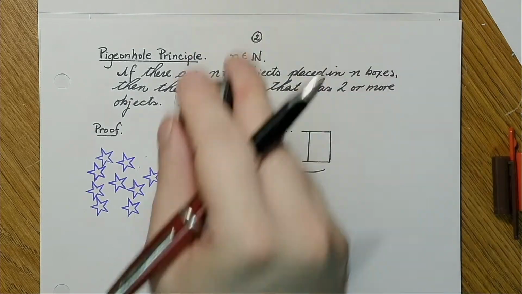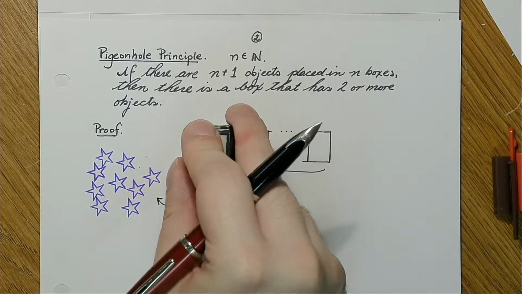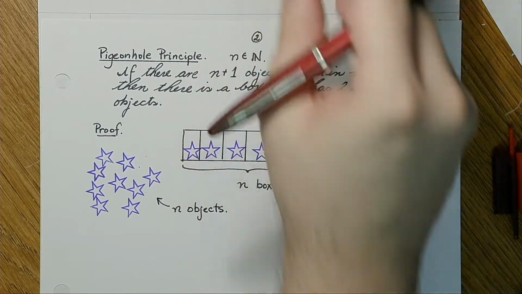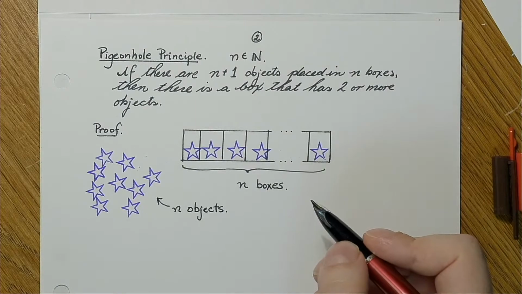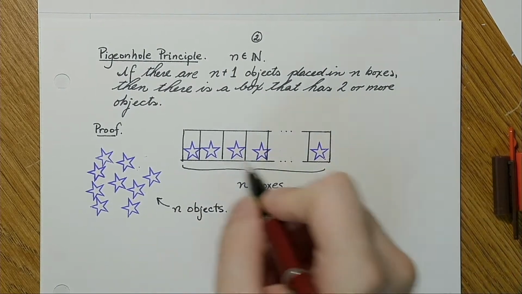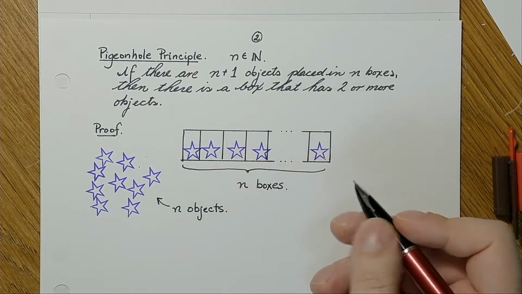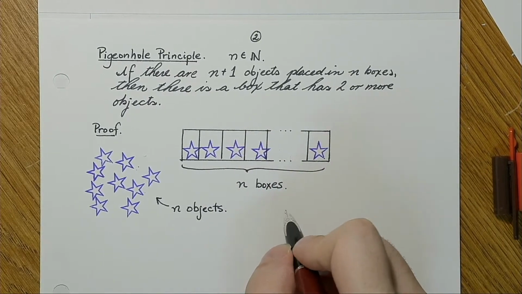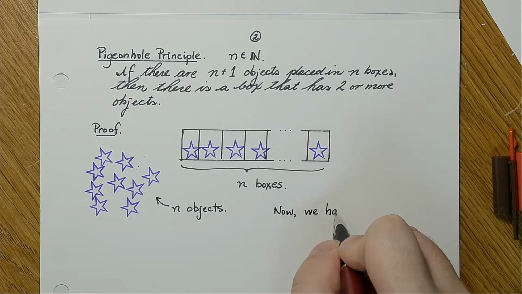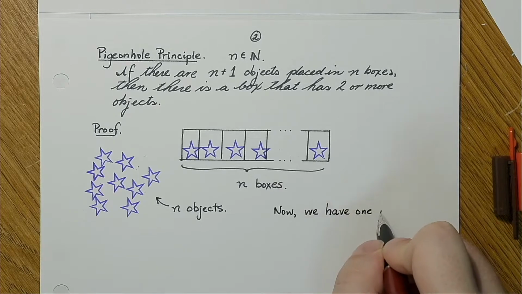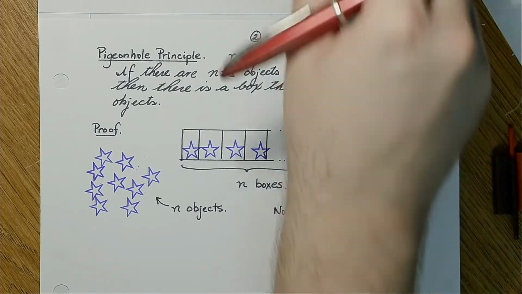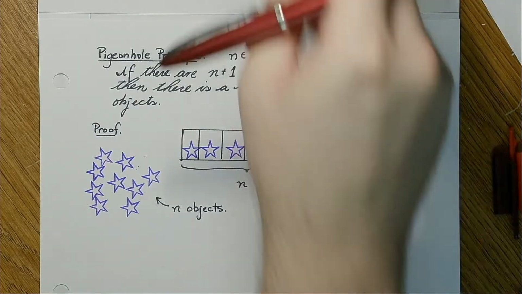So there's one, there's another one, and we can keep filling the boxes until we get to the end. So there's n objects, one object in each box. Now we have one more object, another one right here.